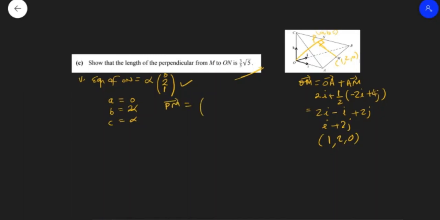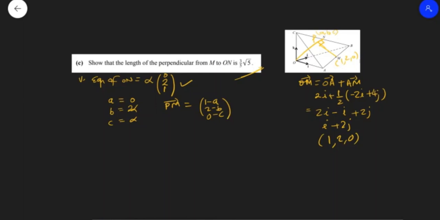PM will be 1 minus A, head minus tail. 1 minus A, 2 minus B, and 0 minus C. Alright, and this is the vector which will be perpendicular to ON.